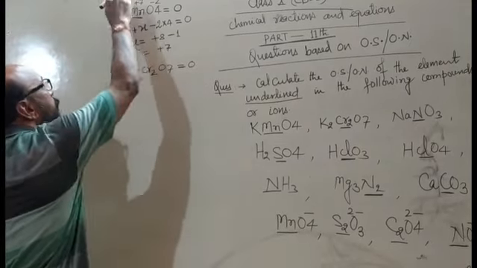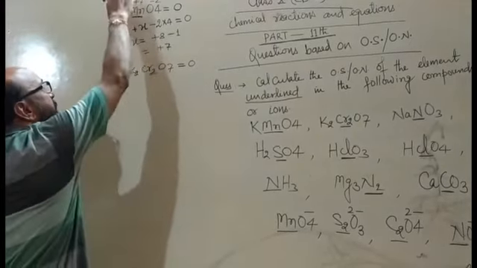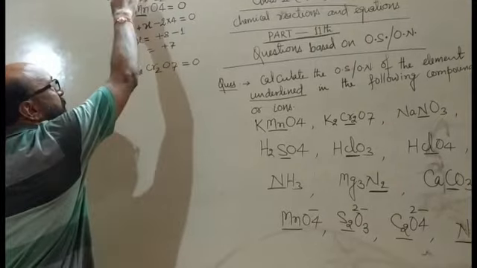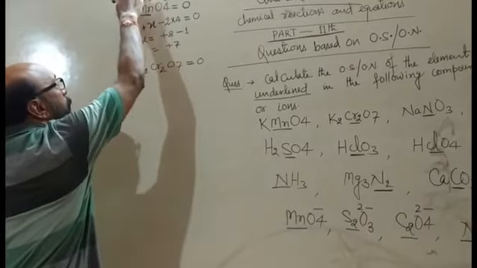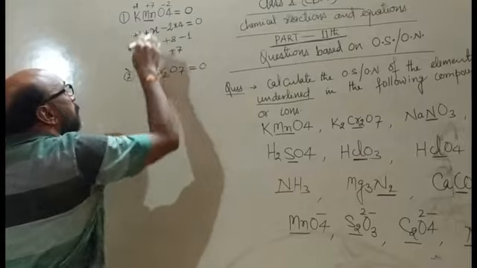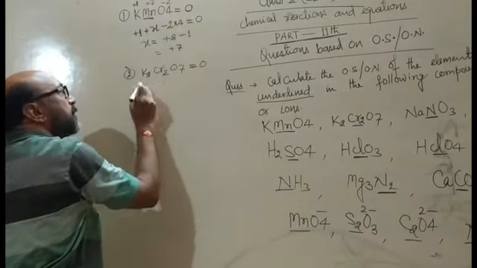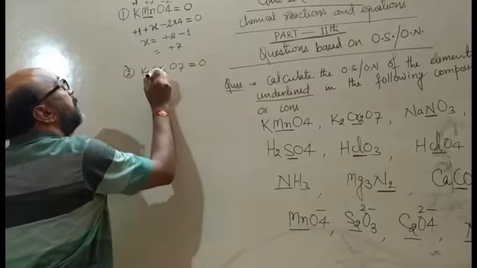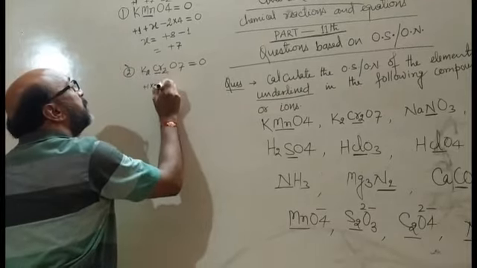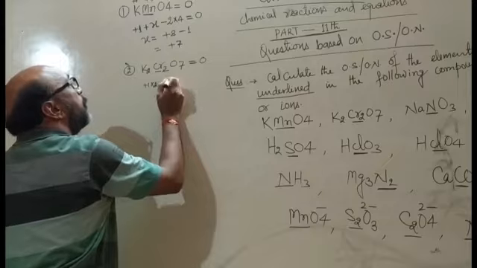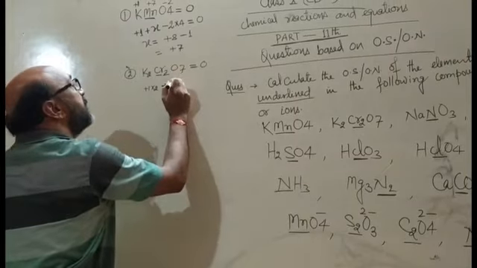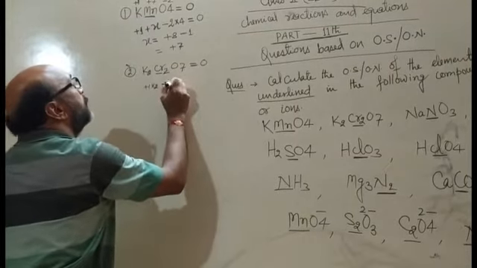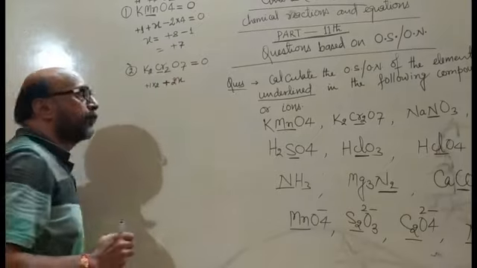Again, we have to use two oxidation states, like the first compound: for potassium +1 and for oxygen -2. We use +1 into 2, and let the oxidation state of one atom of chromium be X, and two atoms of chromium are there in this compound.